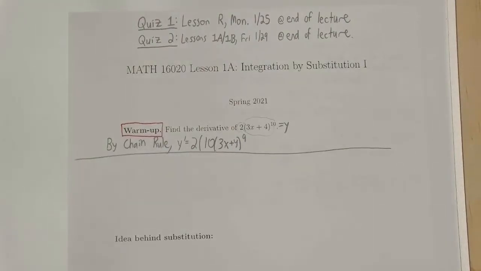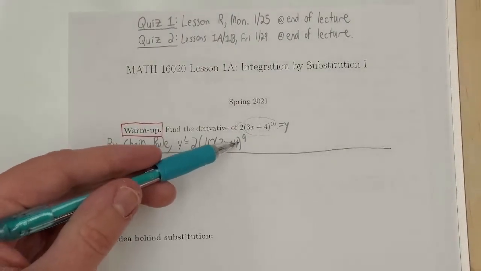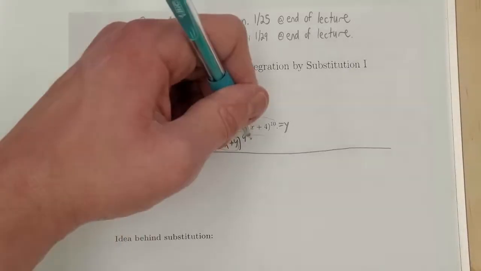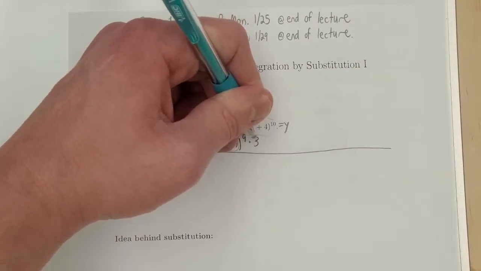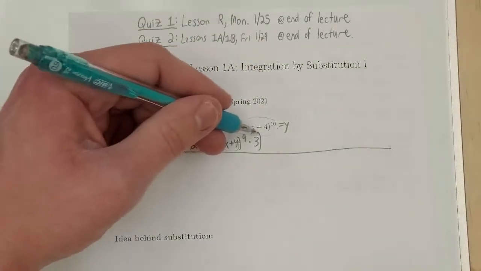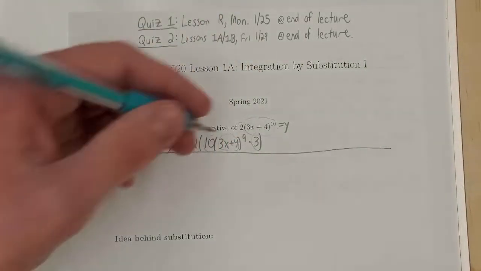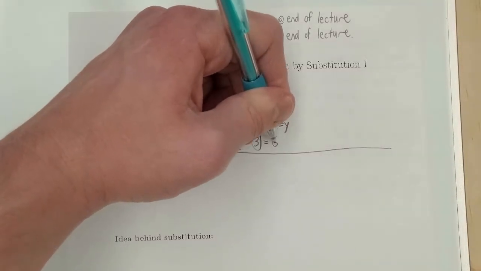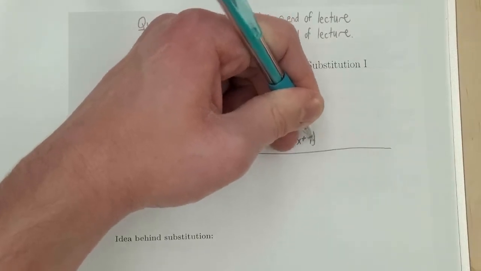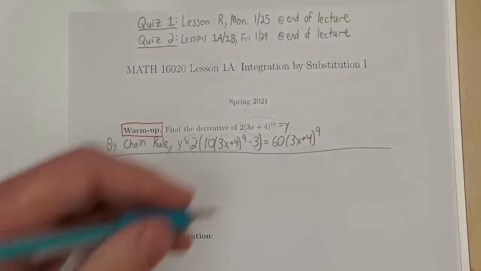But then, by chain rule, we have to multiply by the derivative of the inner function, 3x plus 4. The derivative of that is just 3. From this, you can combine the 2, the 10, and the 3 in terms of multiplication to get 60 times (3x plus 4), all to the power of 9. Okay?